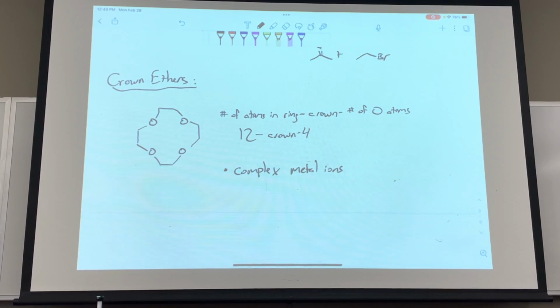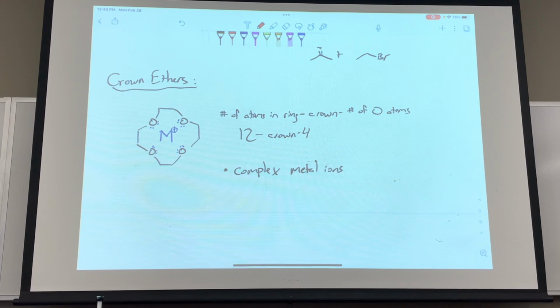So for instance, what this guy would do if you had it in the presence of a specific metal ion, these crown ethers just trap the metal.